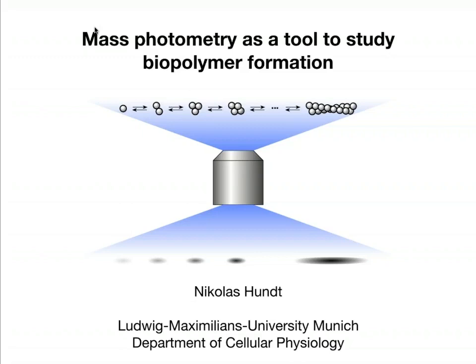I'm very excited that I can share some of my insight into this relatively new technique called mass photometry, which is based on interferometric scattering microscopy. When I was a postdoc in Philip Kukura's lab, I was interested in this protein called actin, which polymerizes into filaments, as you can see in this image.